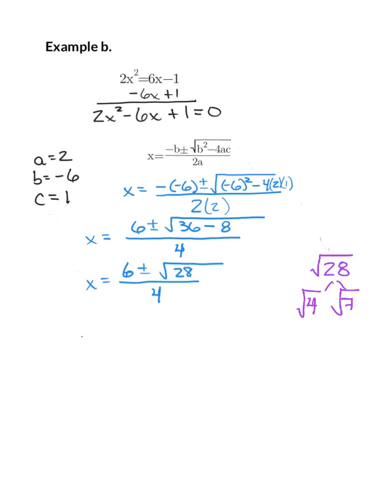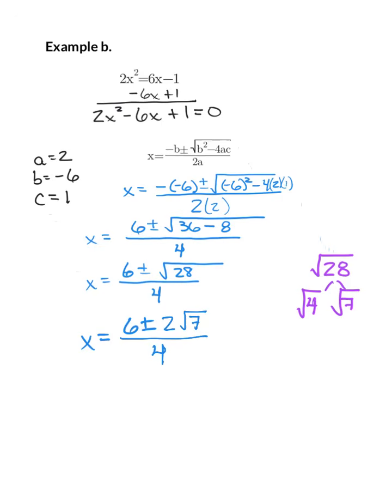We get x equals 6 plus or minus, what is the square root of 4? We should end up with 2. We keep the square root of 7, all over 4. My last step is to simplify the fraction.